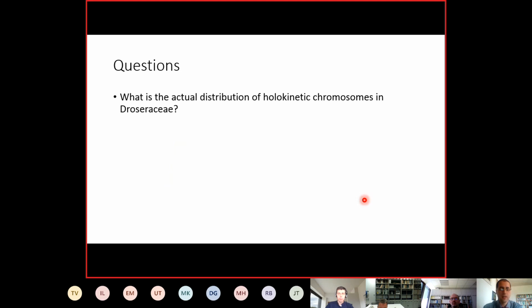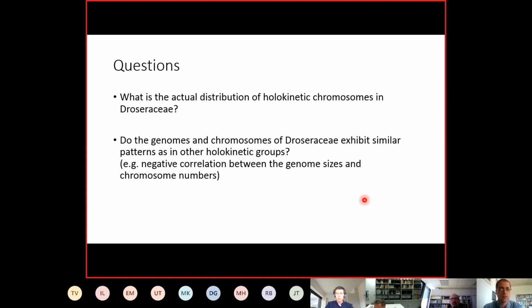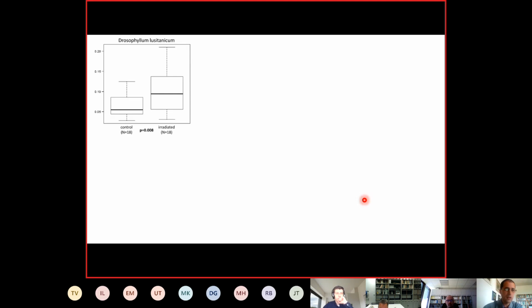As I have said, we have been curious what the actual distribution of holokinetic chromosomes in the Droseraceae is, and we have also asked whether the genomes and chromosomes of the Droseraceae exhibit similar patterns that were reported in other holokinetic groups, such as negative correlation between the genome sizes and chromosome numbers. As already mentioned, Drosophyllum lusitanicum was detected as monocentric.